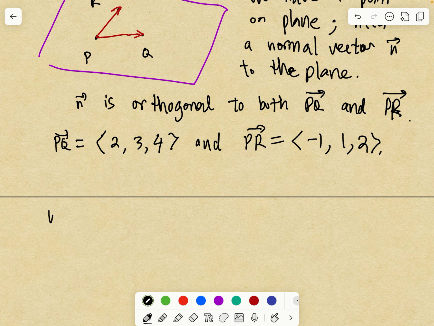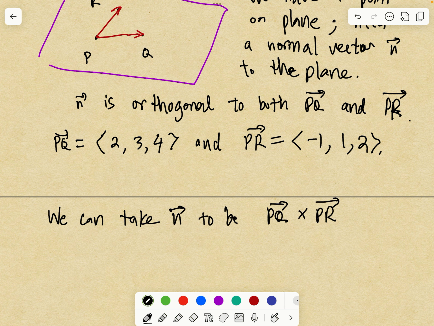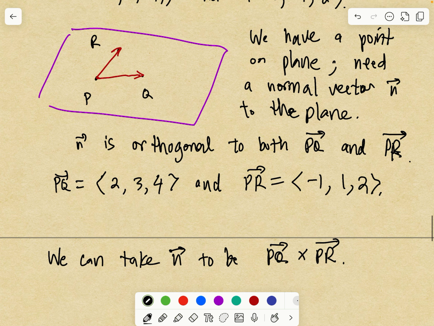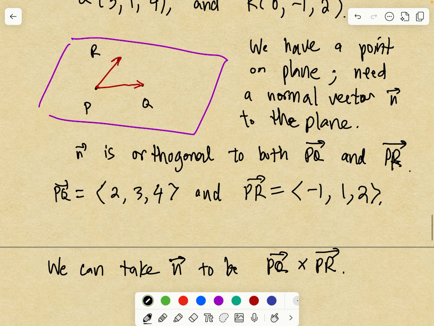So we can take n to be the cross product PQ cross PR. Notice that you just need one vector that's orthogonal to PQ and PR. n is just any vector that's orthogonal to the plane.